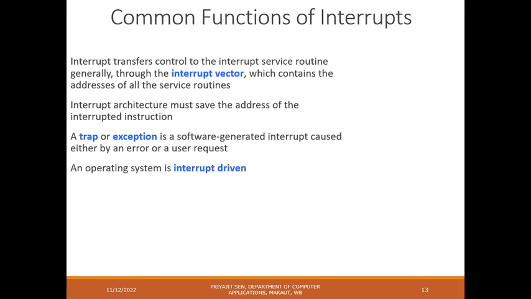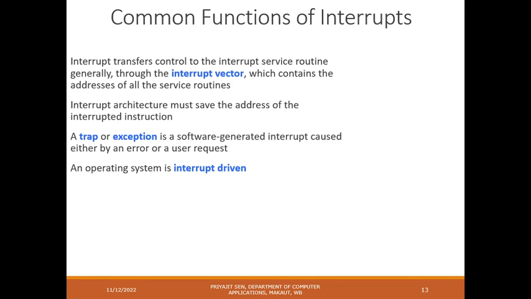Now what is happening here is that interrupt transfers control to the interrupt service routine, generally through the interrupt vector. So the interrupt vector is working here to transfer the interrupt control to the particular interrupt service routine. So what does interrupt service routine mean? It tells at what time the next interrupt will happen, for which reason, and from which address.